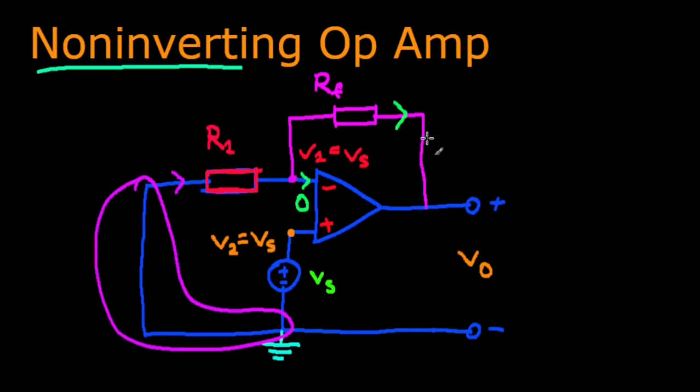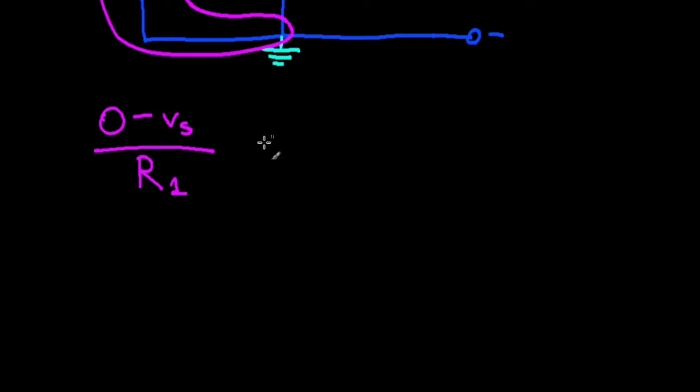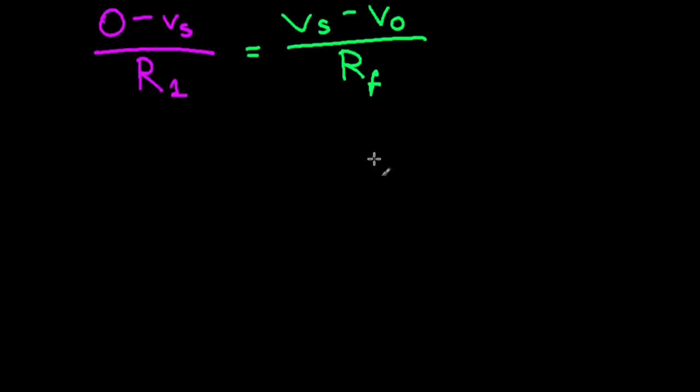This one doesn't matter, and this one is Vs minus the potential here, which is V output. So Vs minus V output, I'll write that here, divided by R sub F, the feedback resistance. So this is equal to Vs minus V output divided by the feedback resistance R sub F. Now we are almost done.